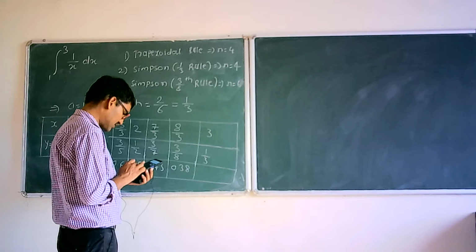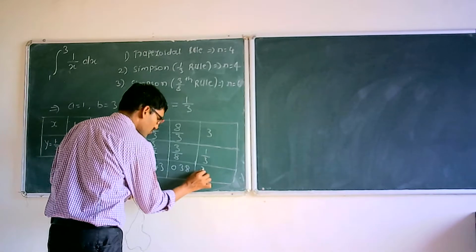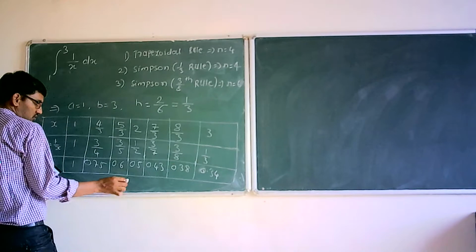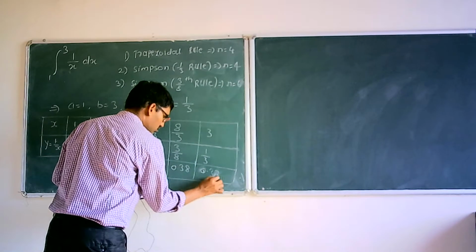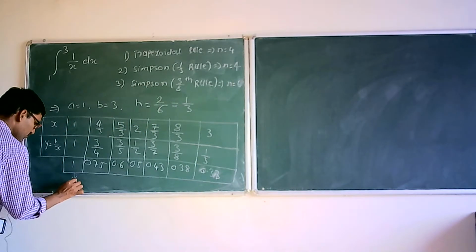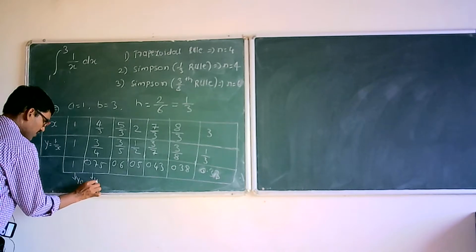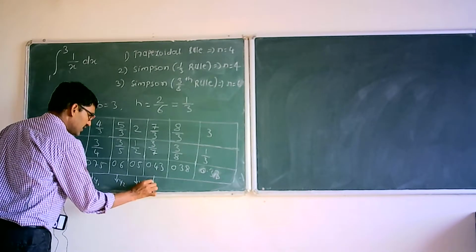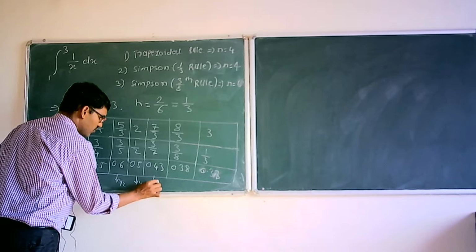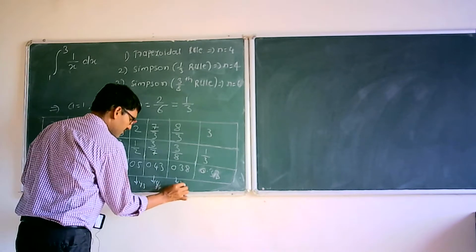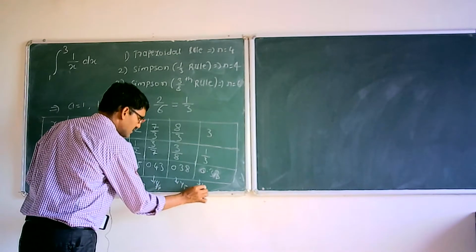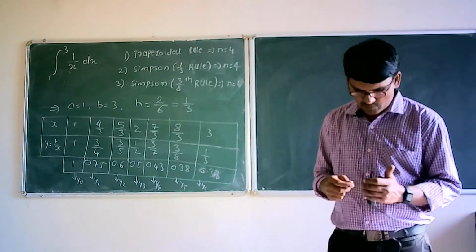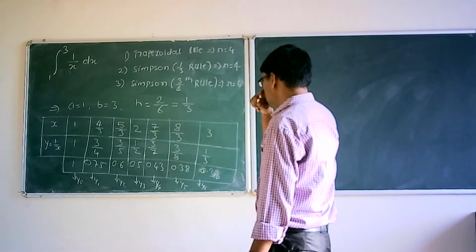We know that 1 by 3 is 0.333. So this is y0, y1, y2, y3, y4, y5, y6.